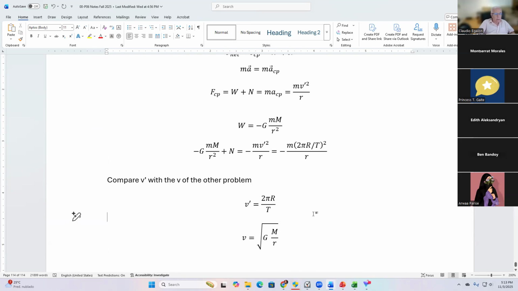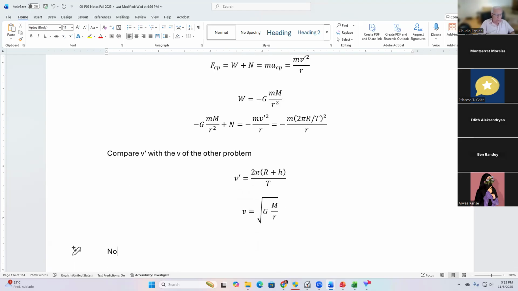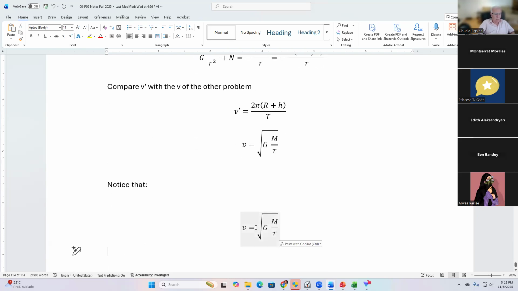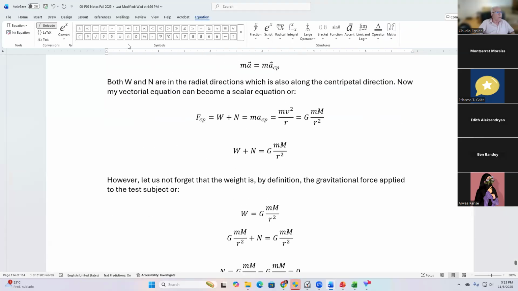But wait a minute. There is more to it. It's not just the radius of the Earth. It's actually the radius of the Earth plus the height, right? But the height is much smaller compared to the radius of the Earth. See, those two are definitely different from each other. Okay? Different.